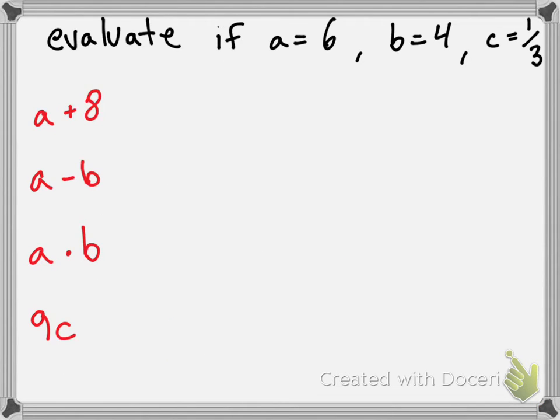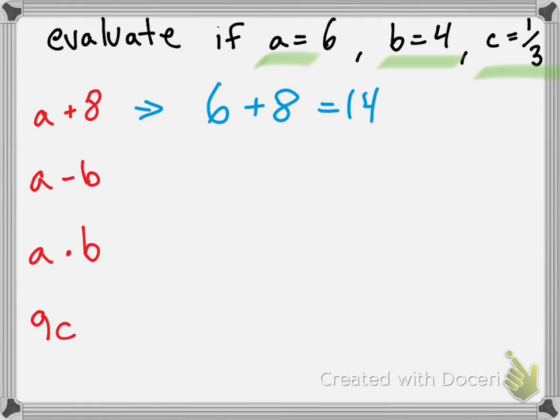So here I've given us these problems. And at the very top, I've told us what A is, what B is, and what C is. And I want you guys to plug in these numbers and solve. Hannah, what's the answer to the first one? Perfect. So if I plug in the 6 for A, I would get 6 plus 8, which gives me 14.